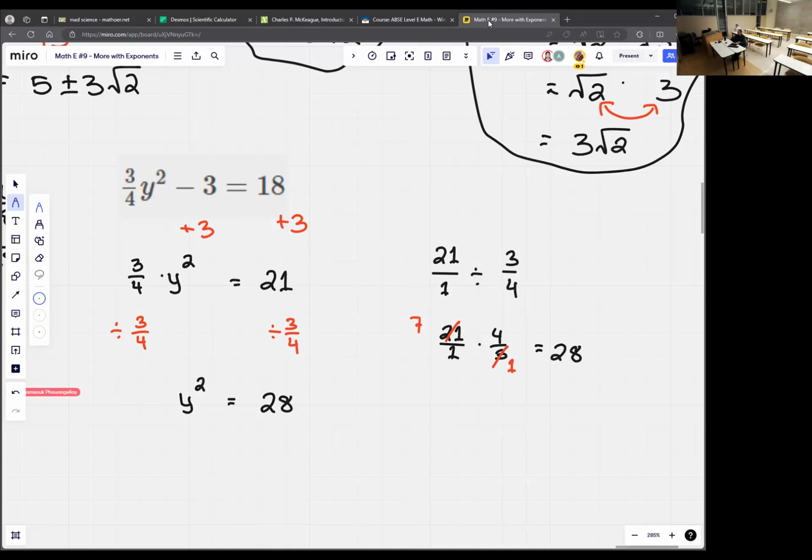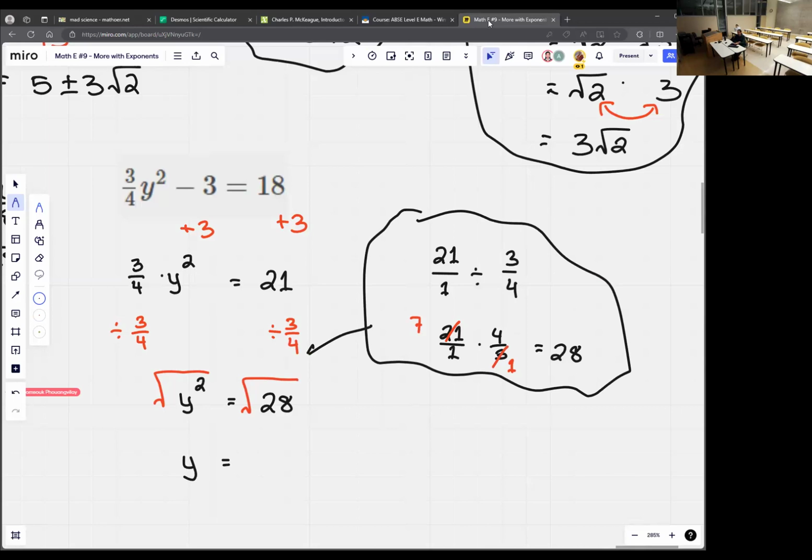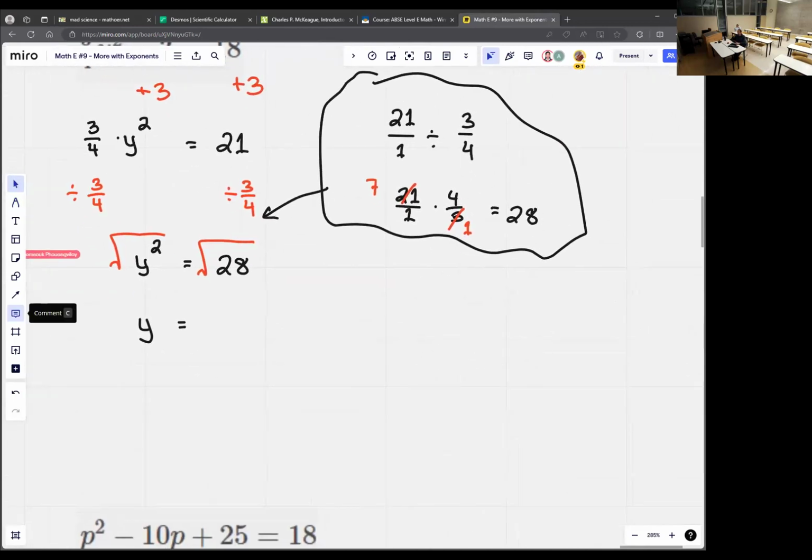Okay, so I have my goal. I have y squared equals something. So now I am ready to take the square root of both sides. That gets y by itself. And I have to do a plus or minus. And what is the square root of 28? Maybe that one I can simplify. 28 has some factors. It's 14 times 2.